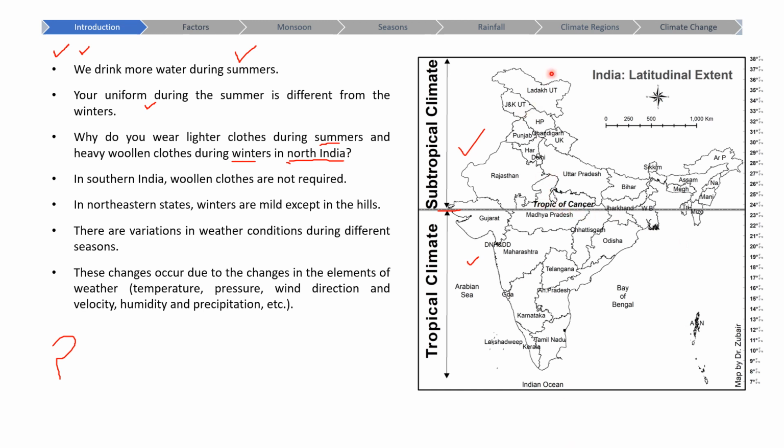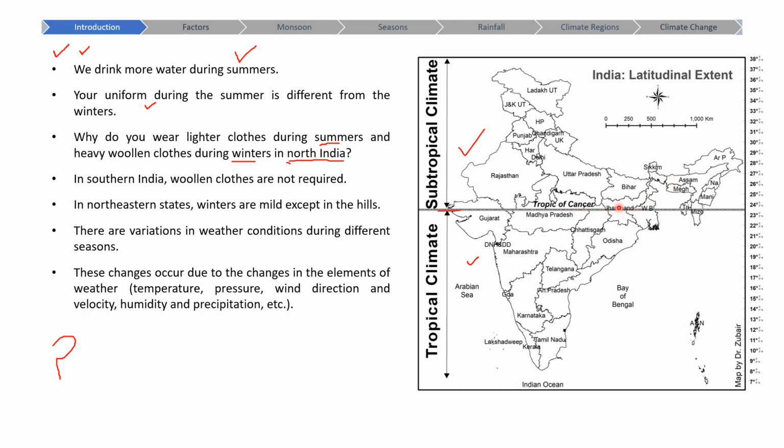And second, the winds coming from the higher Himalayan region, the snow-clad mountains, are very cool. That is why the temperature will be extremely low here. So this area, north of the Tropic of Cancer, will experience hot as well as cold weather conditions.